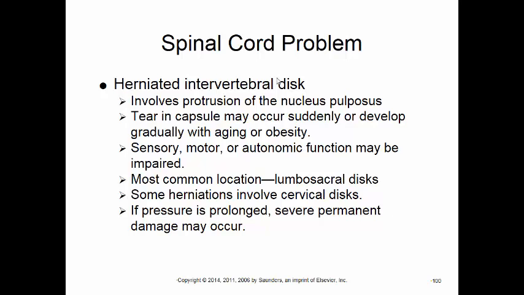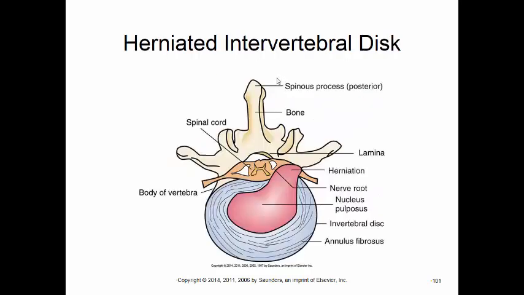It protrudes out of its normal capsule, and the capsule degenerates, and it can do so gradually or by aging or obesity, and then it weakens and it pushes out onto the nerves. So it impairs sensory, motor, or autonomic function. The most common location is the lumbosacral disc. If the pressure is prolonged for a long period of time, severe permanent damage may occur.